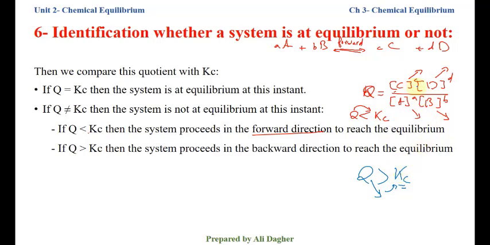How? By decreasing the concentration of product and increasing the concentration of reactant. Which direction decreases the concentration of product and increases the concentration of reactant? It is the backward or the reverse direction. Therefore, the reaction proceeds in the backward direction to establish the equilibrium.